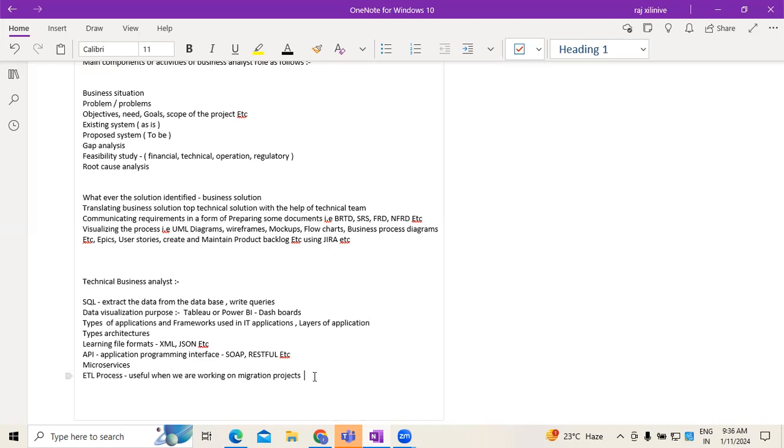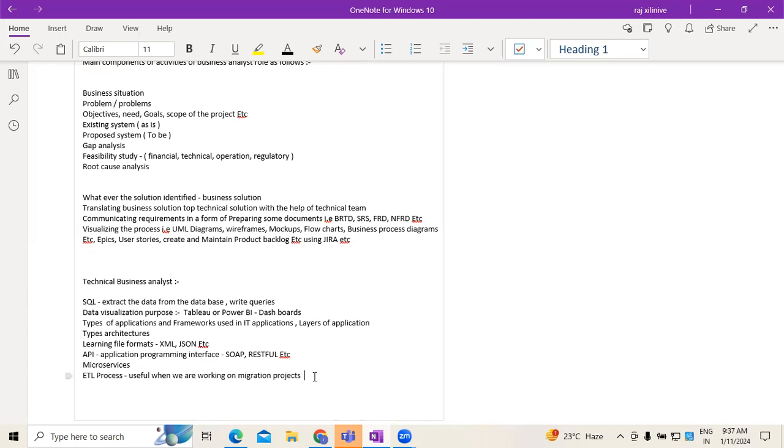But technically, if you want to learn technology, and if you want to become a technical business analyst, or for any job opportunities we come across in the industry nowadays, the roles are transforming. Earlier, business analyst roles were confined only to functional skills.